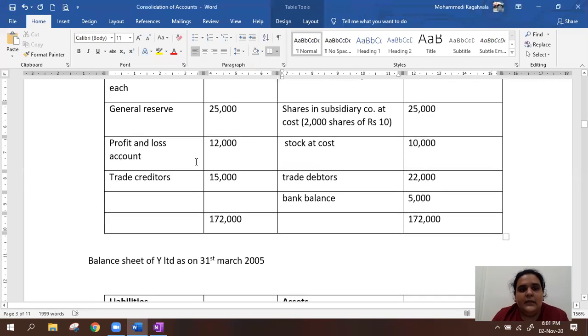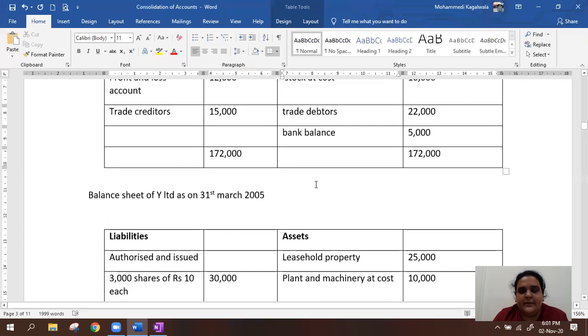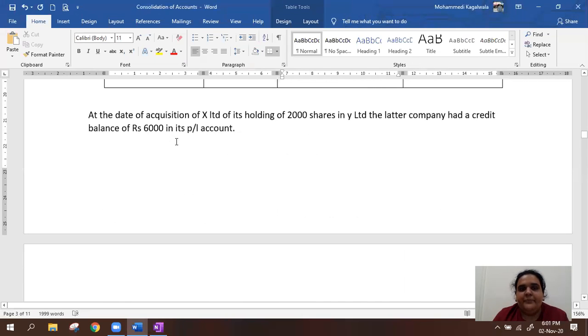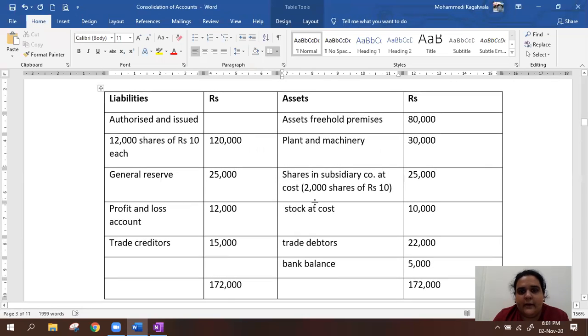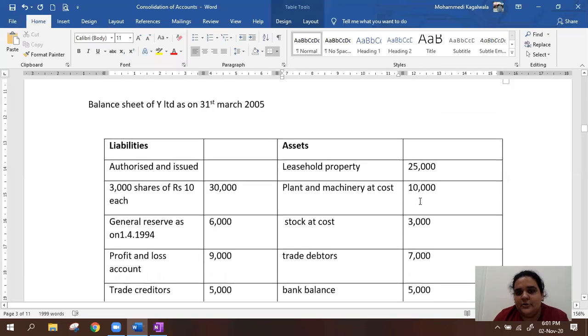Okay, so this is the total of X Limited and then this is of Y Limited. Now they are saying that the date of acquisition of X is for the holding of 2000 shares in Y. So it is given, and here also you will see: shares in the subsidiary always show in the balance sheet under investment. Shares in the subsidiary company at cost, 2000 shares at ₹10 each.